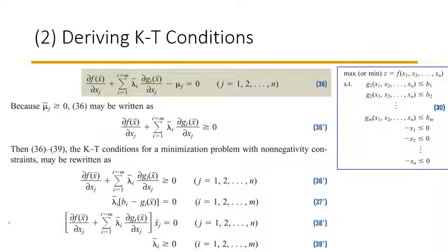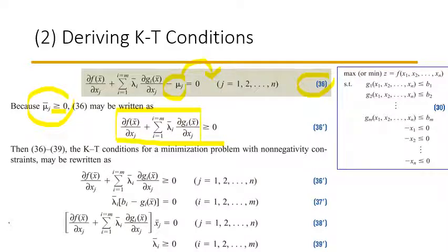We may simplify the conditions a little bit by noticing that because mu bar j is greater than or equal to 0, we may rewrite equation 36 to become like this. If we move this to the right hand side, we realize that mu j itself must be greater than or equal to 0, so this part, in other words, must be greater than or equal to 0.